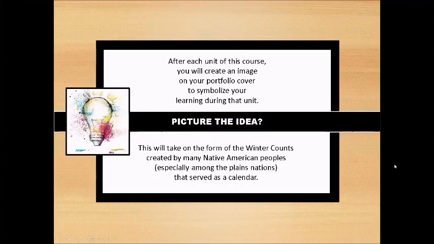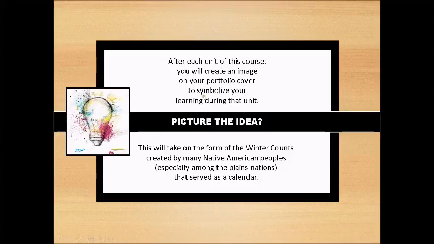We're going to emulate this winter count format and the idea of having images, glyphs, to represent, in their case, the year. In our case, your glyphs are going to represent each unit. So by the end of this course, you should have 5 to 7 glyphs on the blank side of your portfolio.